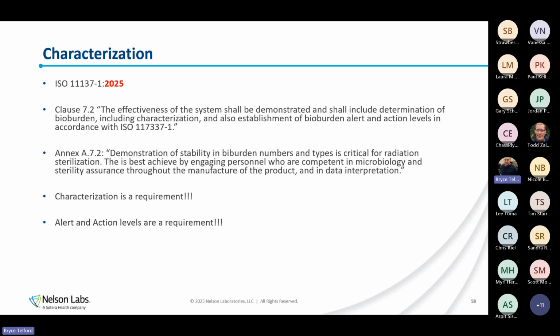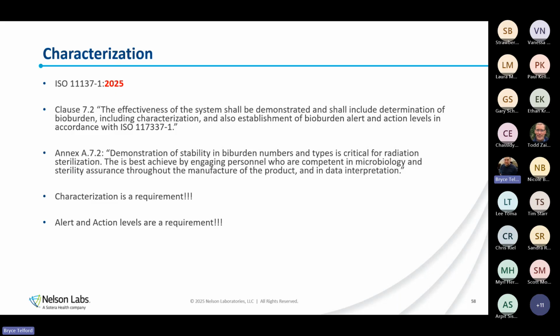The new clause 7.2 states the effectiveness of the system shall be demonstrated and shall include determination of bioburden, including characterization, and also establishment of bioburden alert and action levels in accordance with the ISO 11737-1 standard. I got that typing wrong, I put one too many threes in there.